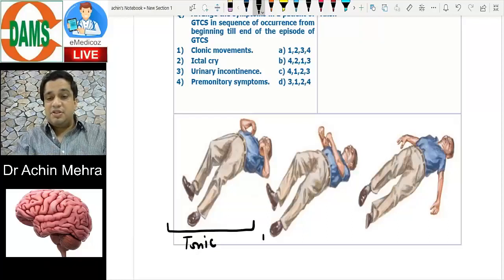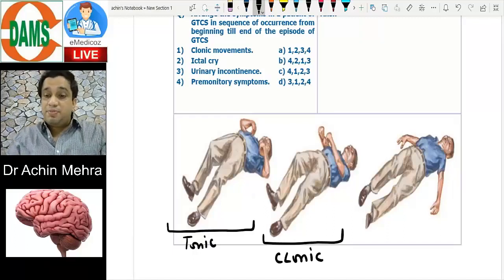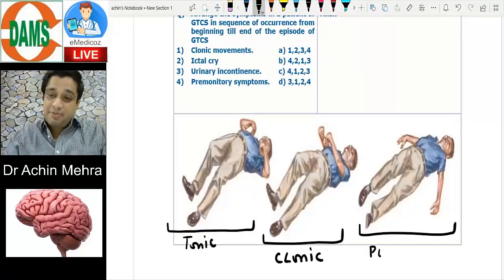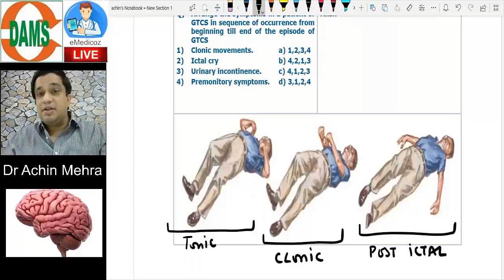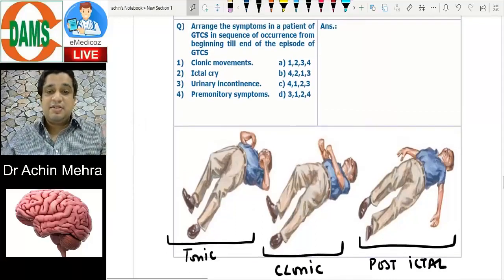Then there is sudden jerky movement, that is the clonic phase. And of course, in the post-ictal phase, the patient's limbs are not moving, they are flaccid, right? Now the question is: arrange the symptoms in a patient of GTCS in sequence of occurrence, from the beginning till the end of the episode.